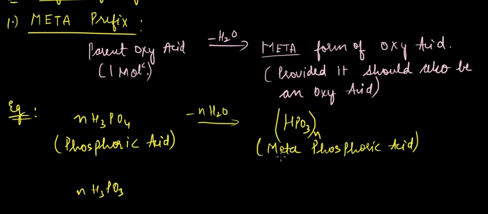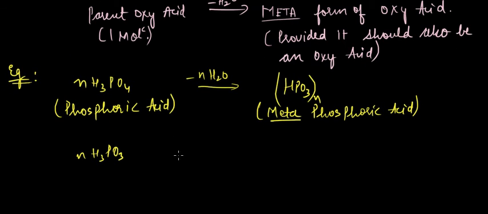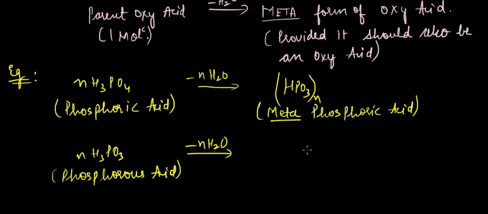Just add the meta prefix to the parent oxy acid's name. We have n molecules of, this time, phosphorus acid, H3PO3. We remove nH2O from the same, and we get (HPO2)n.